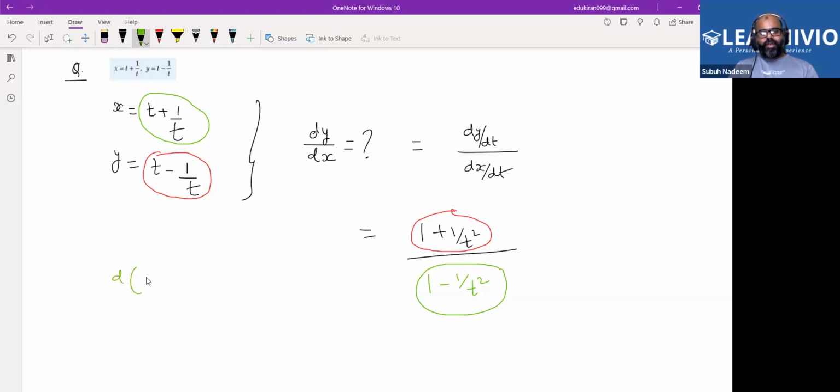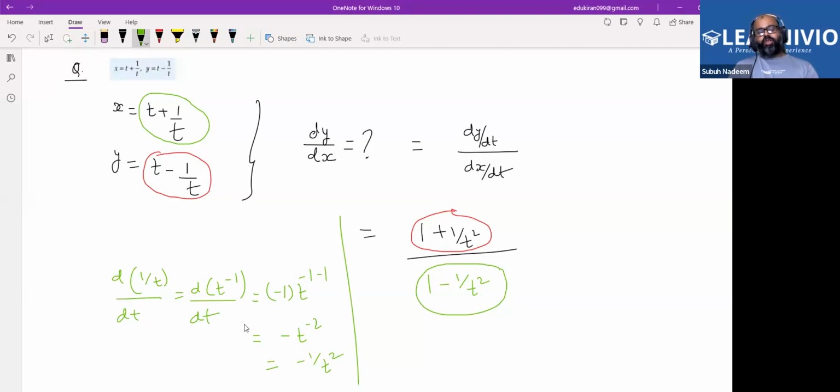Because when you differentiate 1 by t, what you are actually differentiating is t to the power minus 1. And by our formula of differentiation, it will be minus 1 times t to the power minus 1 minus 1, n minus 1. So it is minus t to the power minus 2, which is minus 1 by t square. So differentiation of 1 by t is minus 1 by t square.